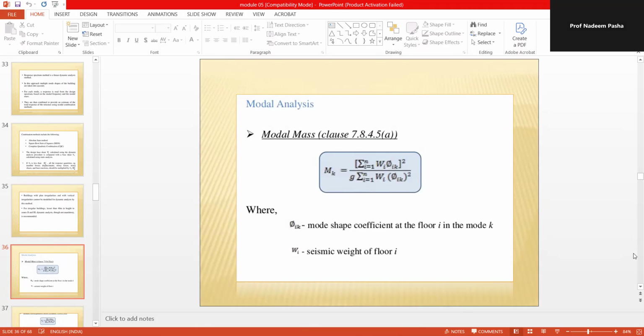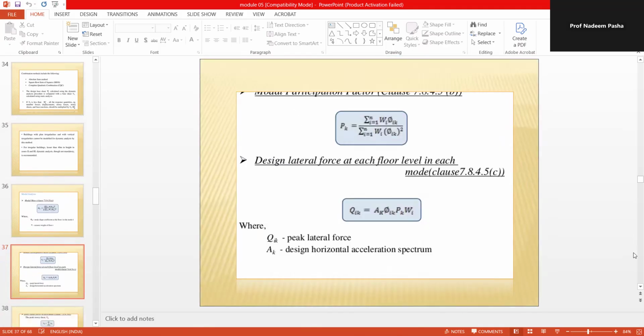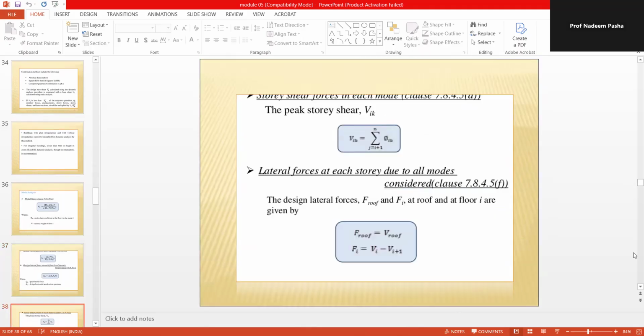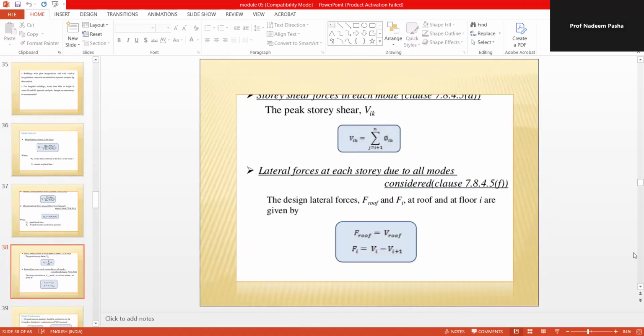Wi is the seismic load of floor i. The design lateral force at each floor in each mode is Qik equal to Ak phi ik Pk Wi. The peak storey shear Vik is the summation of j equal to i plus 1 to N of Qjk, the lateral force at each storey due to all modes. The design lateral forces Froof and Fi at the roof and floors are given by Froof equal to Vroof, and Fi equal to Vi minus Vi plus 1.